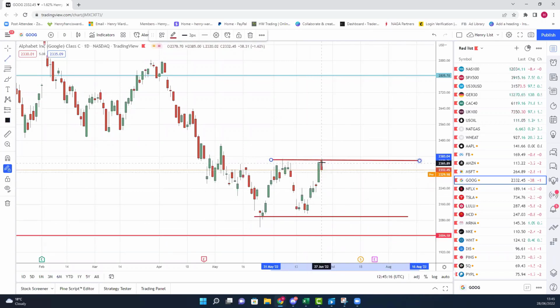So if it comes down to here, we buy it, then it goes back up to there, do we exit or do we hold on to it long term? That depends on you and what you're looking to do. Okay, so that'd be a decision you have to make when that comes along.